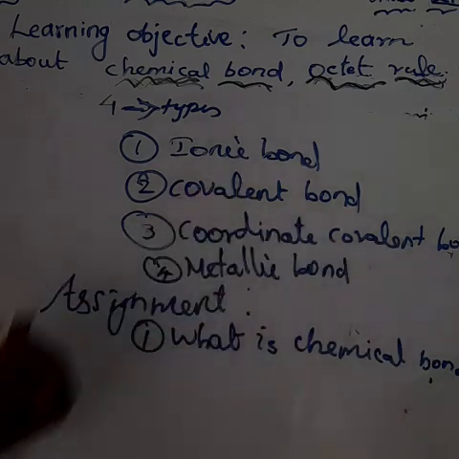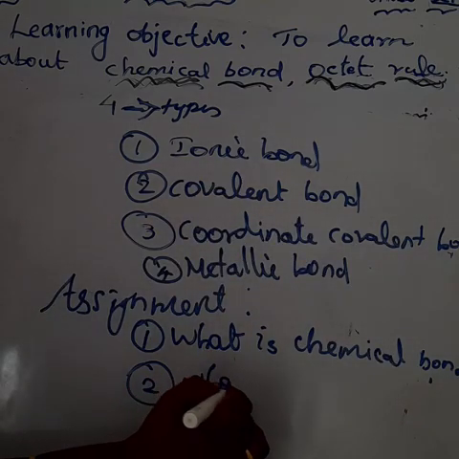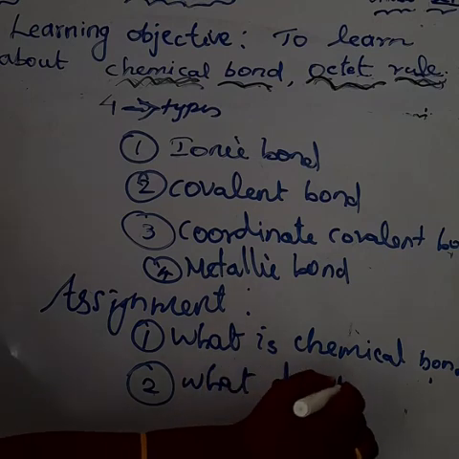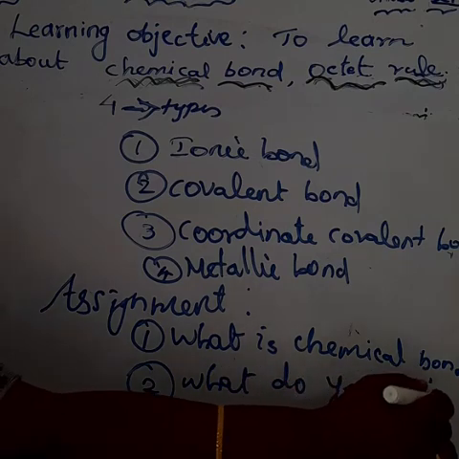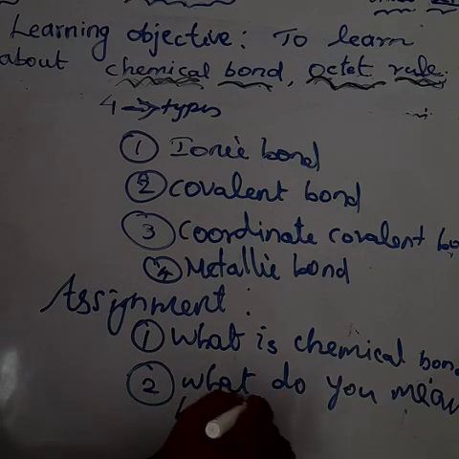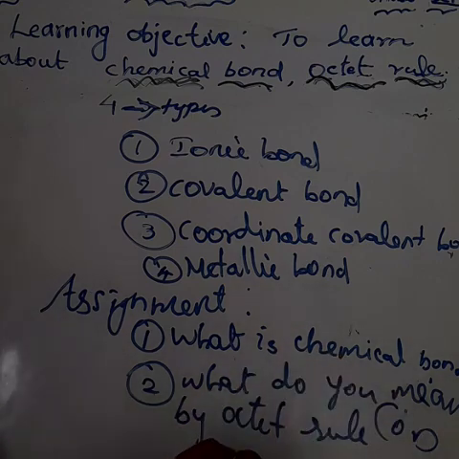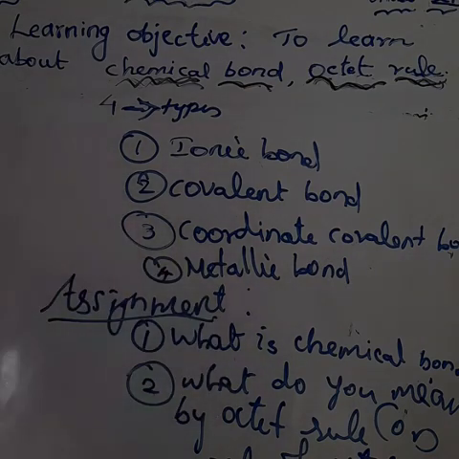Second, what do you mean by the octet rule, or rule of octet? These two questions you should write and send to me through WhatsApp. Okay, understood? Thank you all of you.